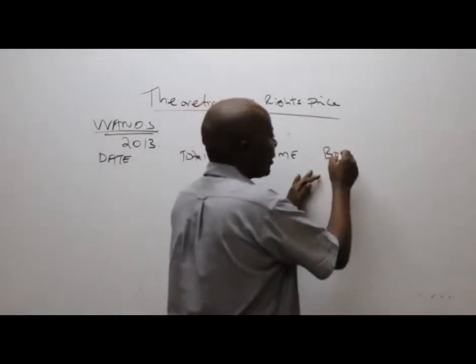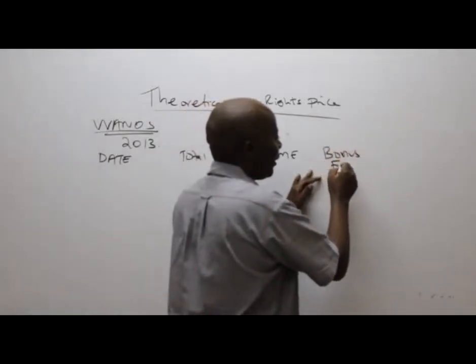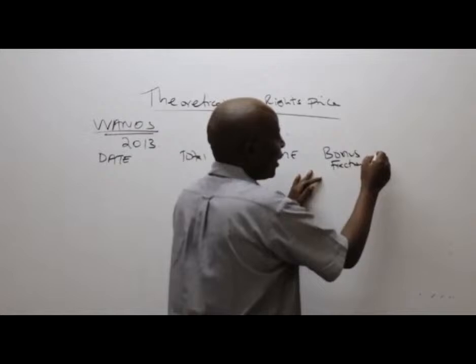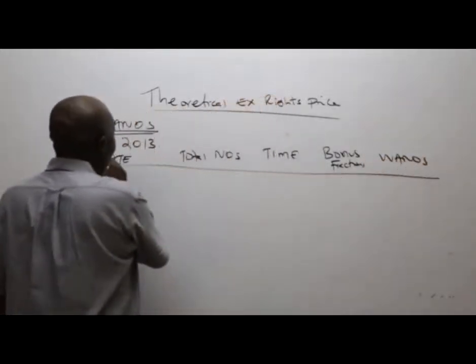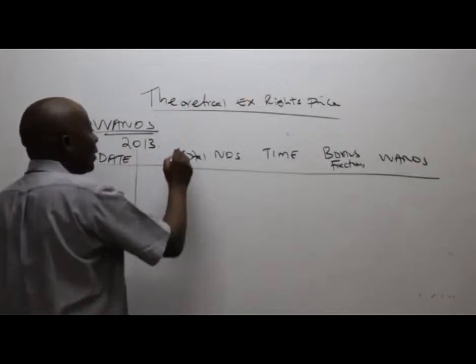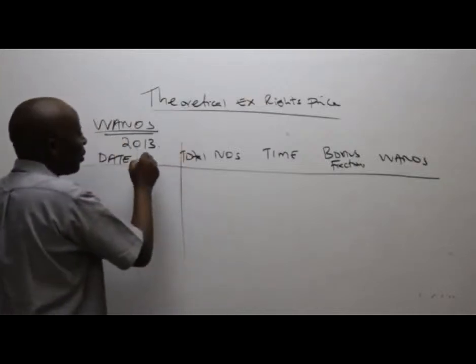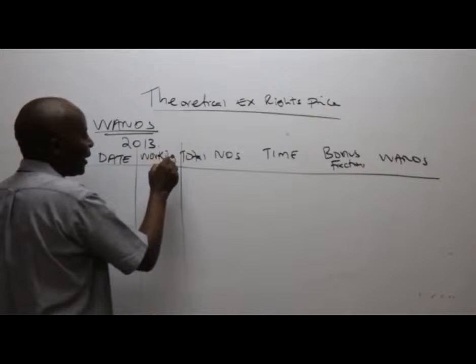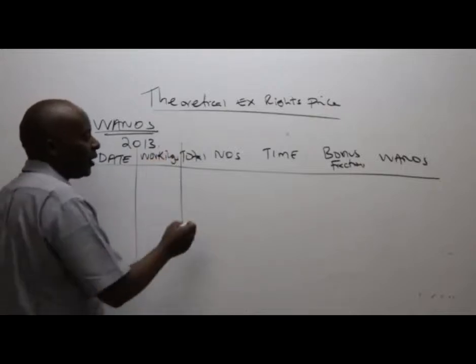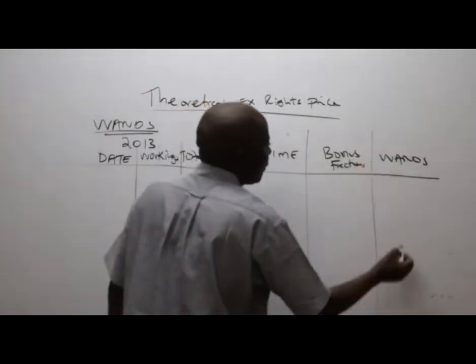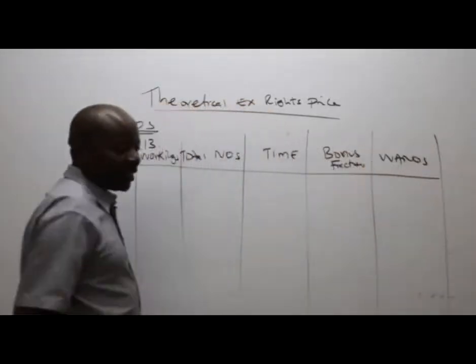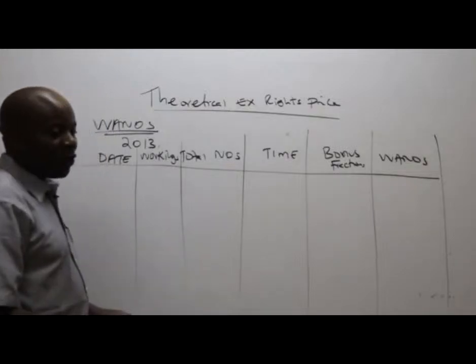We have the bonus or the rights fraction, isn't it? And then lastly, we have the one-os like that. Remember, you must isolate. Even if you want, you can put workings in the middle there. I have seen others put workings in the middle, which is still okay. So we have the total number of ordinary shares, we have time, we have bonus fraction, and then we have one-os.